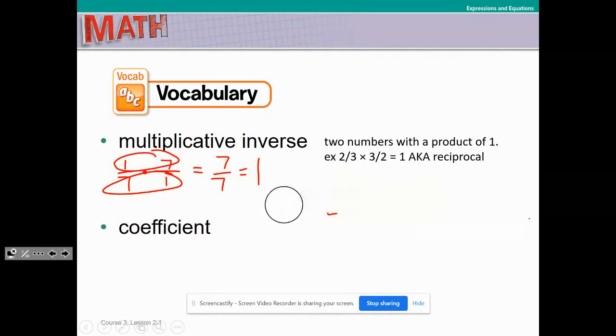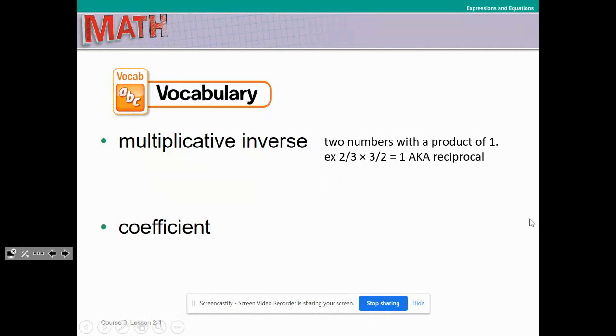The challenging parts come when we do something like this. Let's say, what's the multiplicative inverse of 1.5? Some of you might quickly think, oh, well, 2 and 2 once. No. First, you're going to turn that into an improper fraction, which would be 5/2.